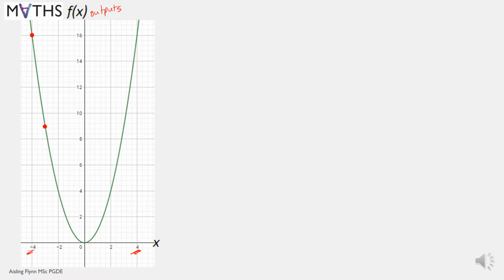Second one was -3, 9, -2, 4, -1, 1, and we had 0, 0. And then we went up the other side. So +1 also gave 1 as an output, +2 gave +4, +3 gave +9, and +4 gave +16 also.